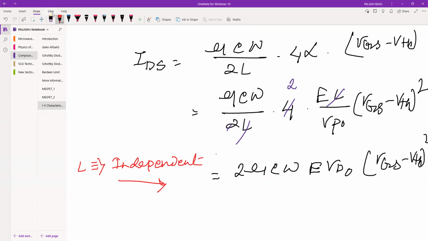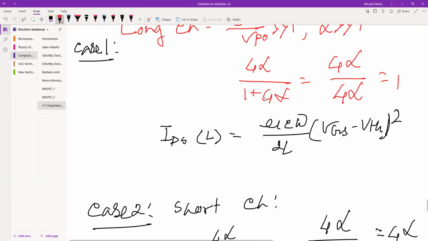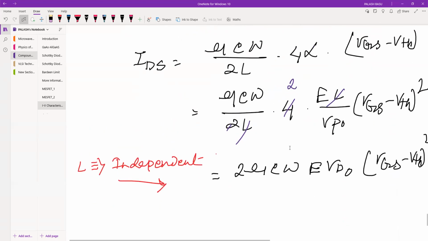If you go to the original expression, the long channel part, you see it depends on L. So L dependent, right? You have an L dependent current for long channel, the same as for our MOSFET also. So here it is L dependent, and if it is a short channel, it is L independent.